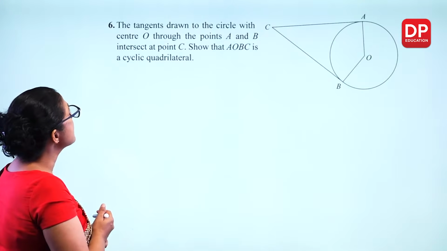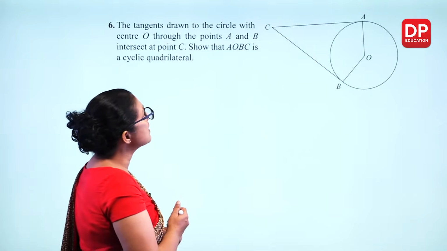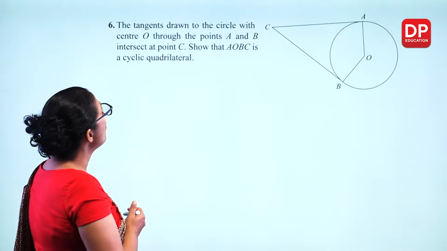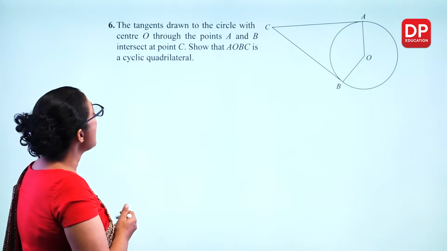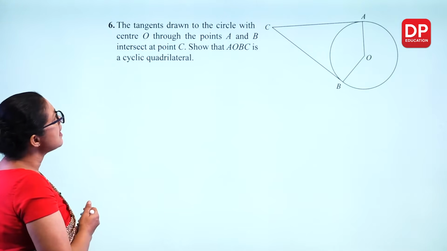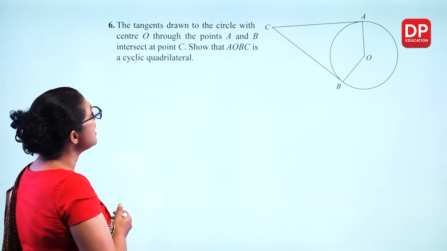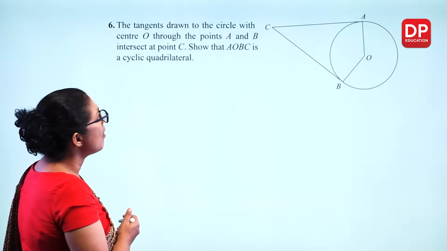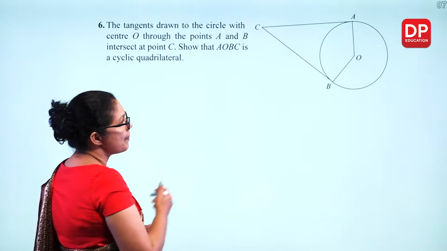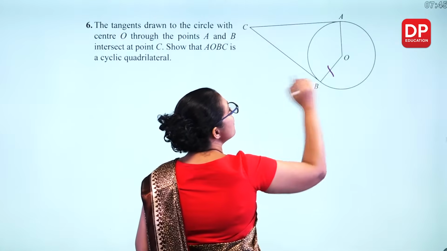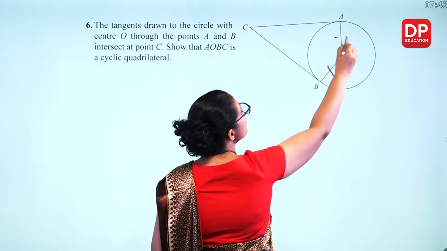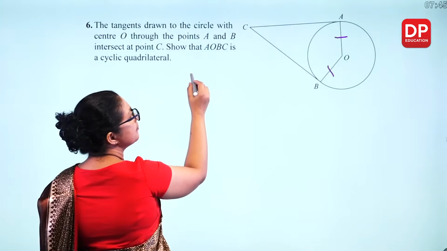Question number 6. The tangents drawn to the circle with center O through the points A and B intersect at point C. Show that AOBC is a cyclic quadrilateral. What do you know? This length is equal to this length, radii.